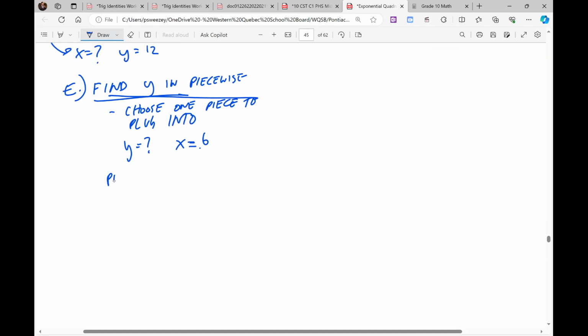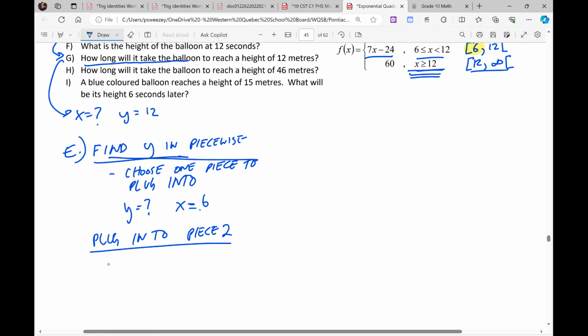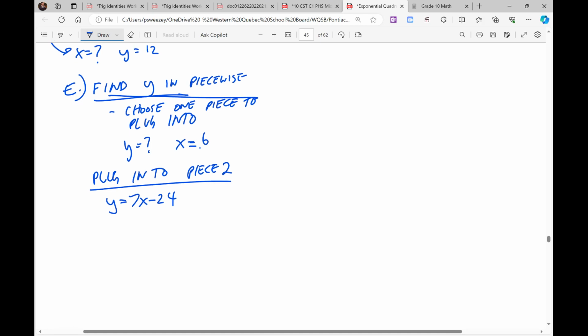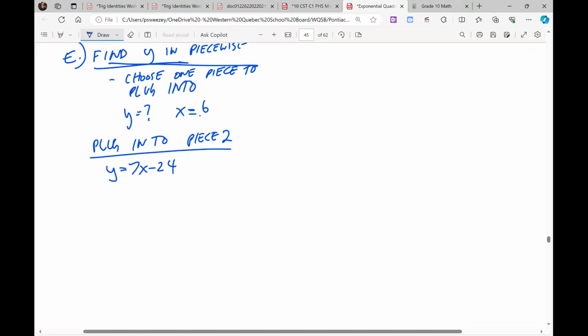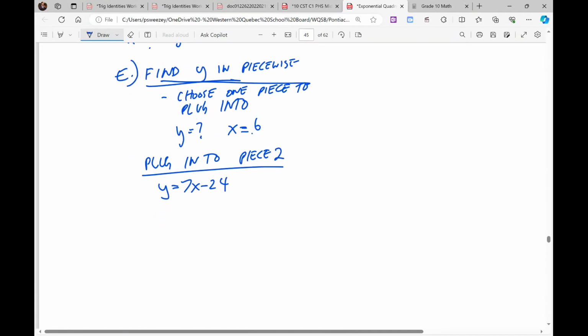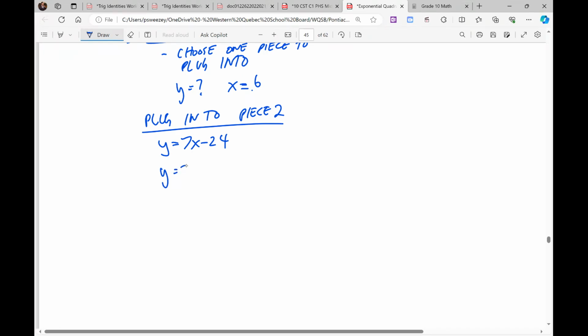So plug into piece 2, which was y is equal to 7x minus 24. So I'm plugging in x is equal to 6 there. Y is equal to 7 times 6 minus 24.